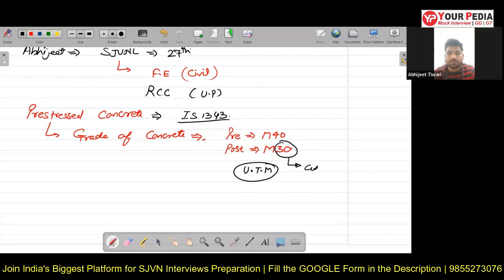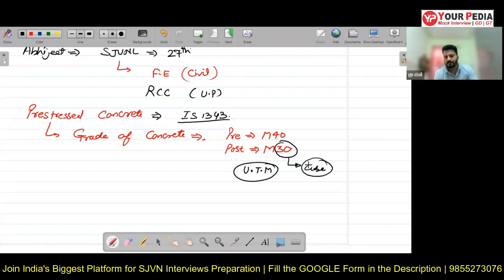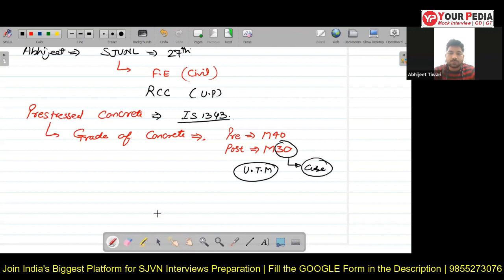Yes, sir. Then what will be the strength of concrete? What do you think? Its target mean strength is fck plus 1.65 sigma, but the characteristic strength is 30 Newton per mm square only, sir.